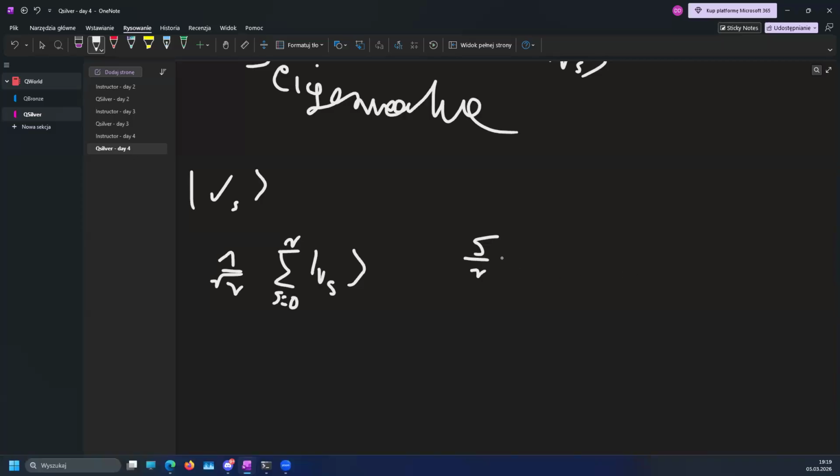But it will get an approximation only for one of those S, where S can be, as I already wrote, equal to 0, 1, and so on, until we reach R minus 1.